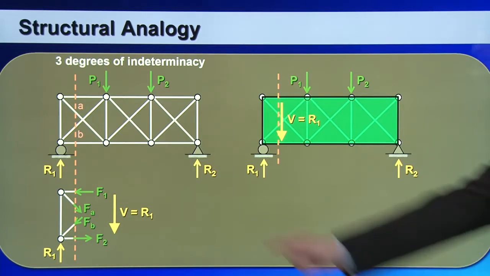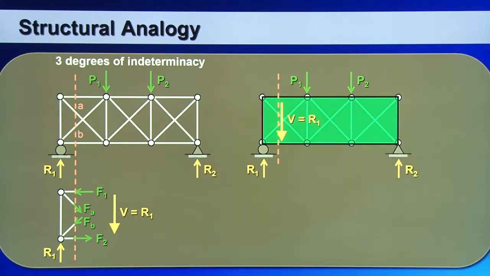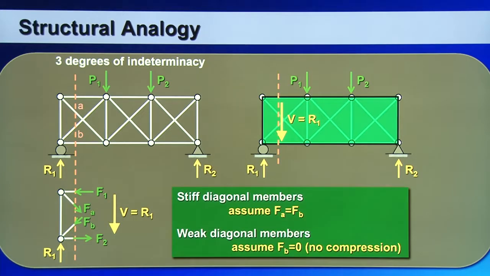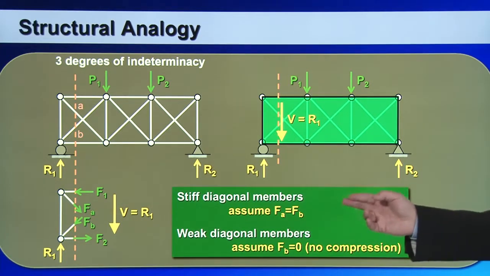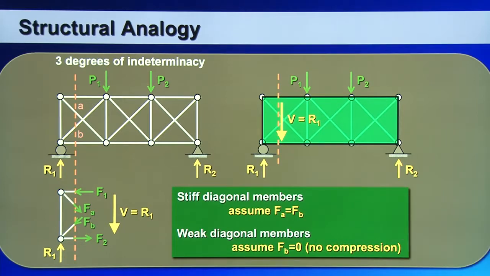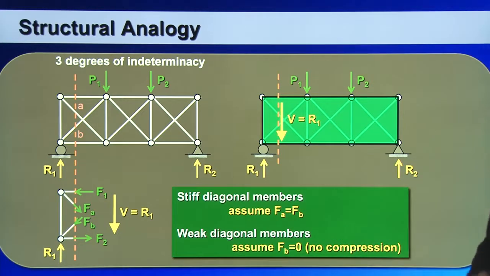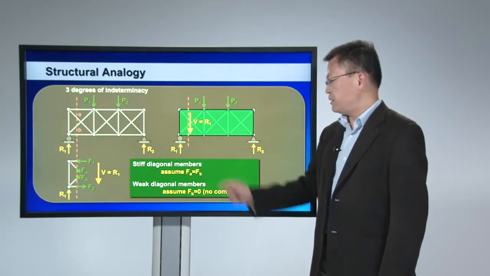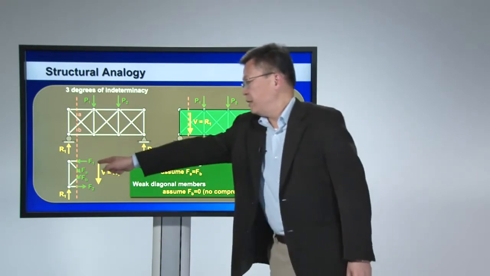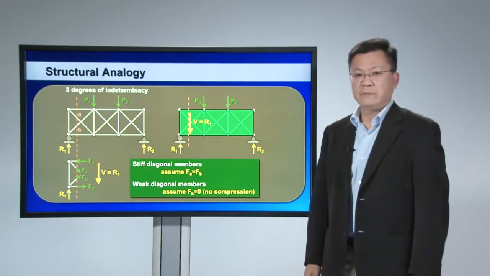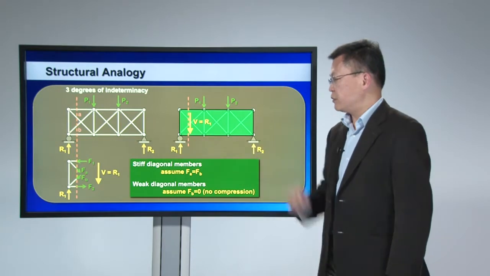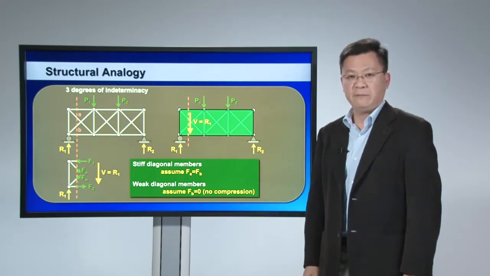To further obtain FA and FB, you can assume whether the members can take both tension and compression, or can only take tension. We call them stiff members if they can take both tension and compression. Under these conditions, it's very common to assume that they have the same magnitudes, so you can use this condition to solve for FA and FB.